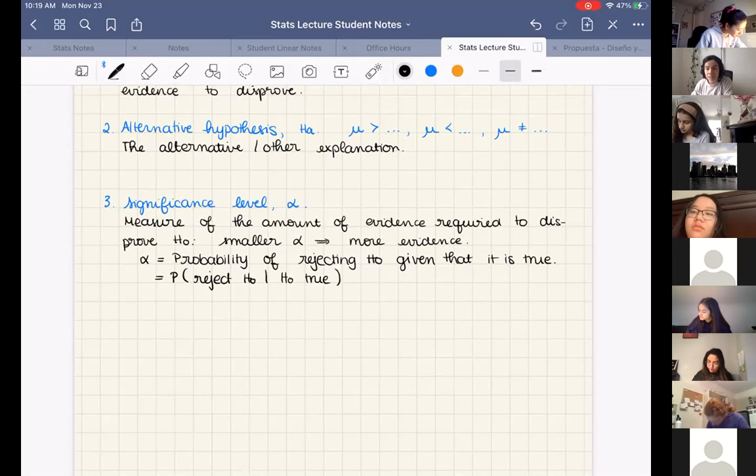Now, that doesn't mean because H naught is true, it's if H naught were true. So this is the probability of rejecting H naught if H naught were true. And what we don't know is whether this is true or not.